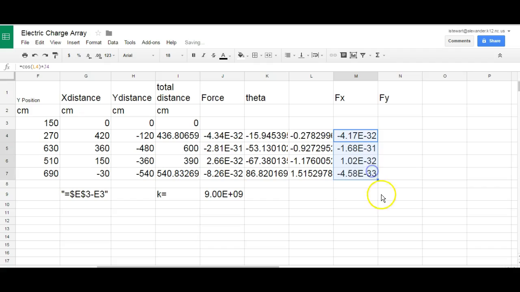We'll drag that one down. And now we need to find our force in the y direction. That's going to be found with our sine values. So this is going to be equal to our sine of this, multiplied by our force, which is right here.